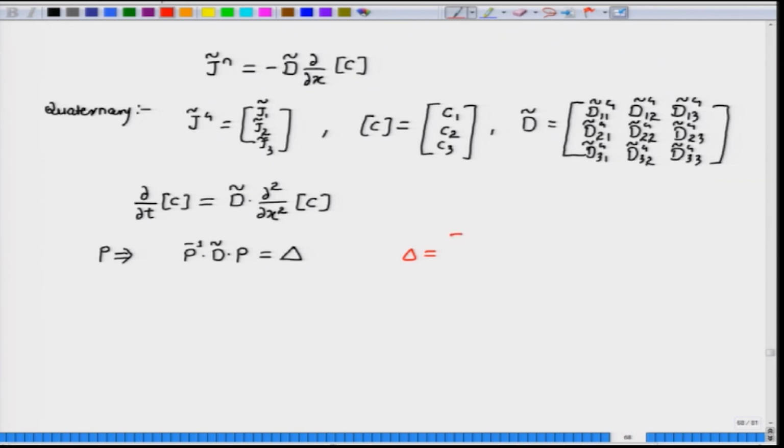So, delta is D1, D2, D3, right, and these Dis are eigenvalues of D tilde, and matrix P is obtained by arranging the eigenvectors of D tilde column by column.